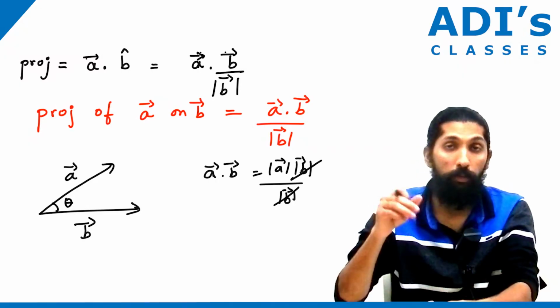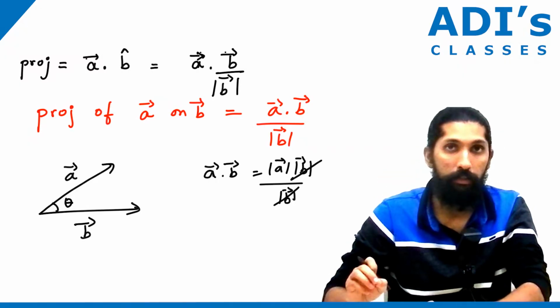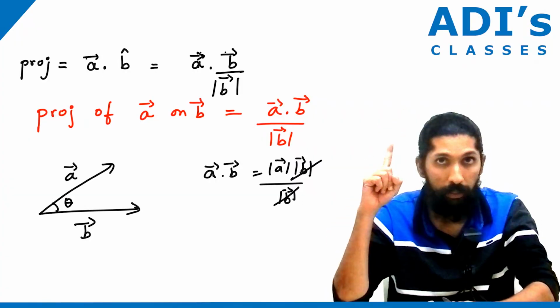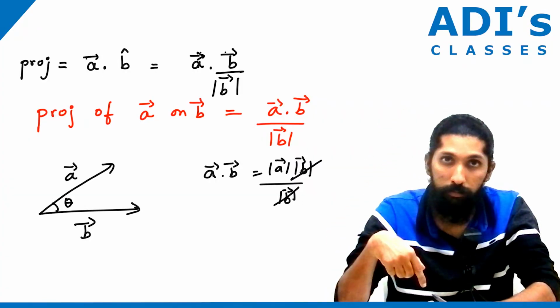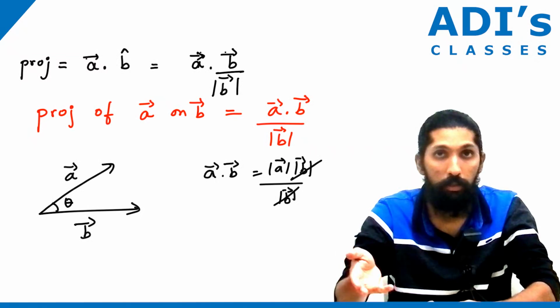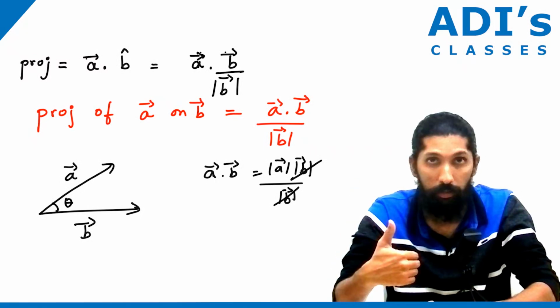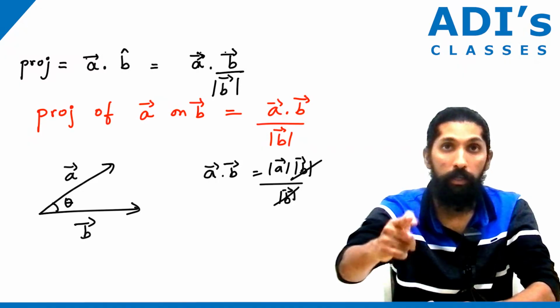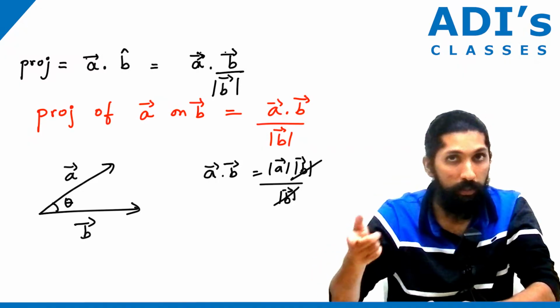Okay. Now, if theta becomes 90 degree, then there is no projection. Think about it. If the sun is right above your head, you don't have any shadow. Shadow is your projection. There is no shadow whatsoever. Correct? And if you lie down on the ground, then your shadow length and your length are one and the same.